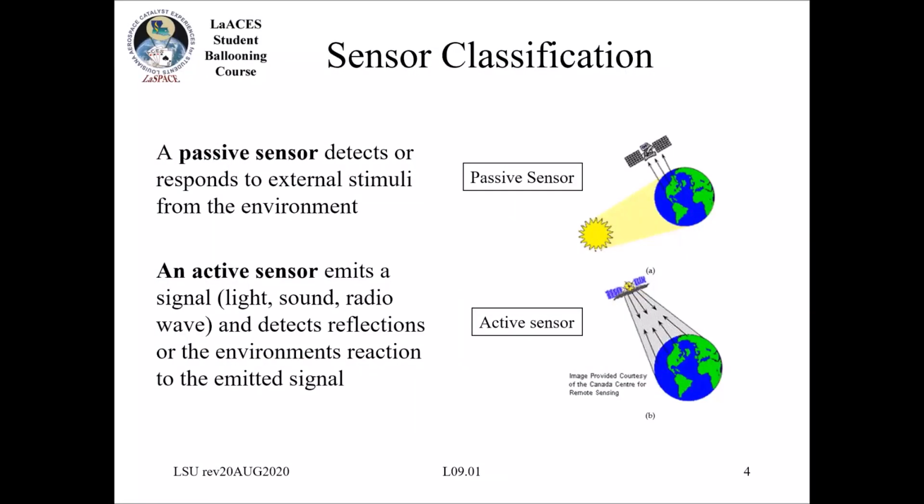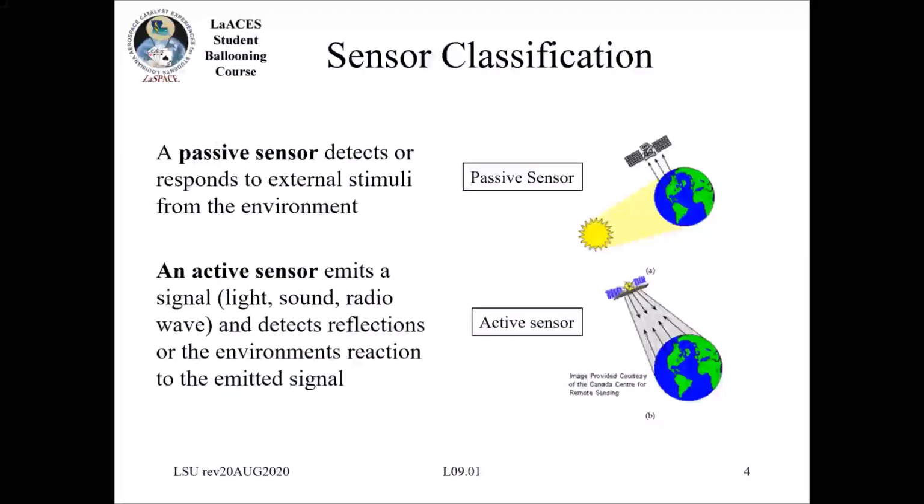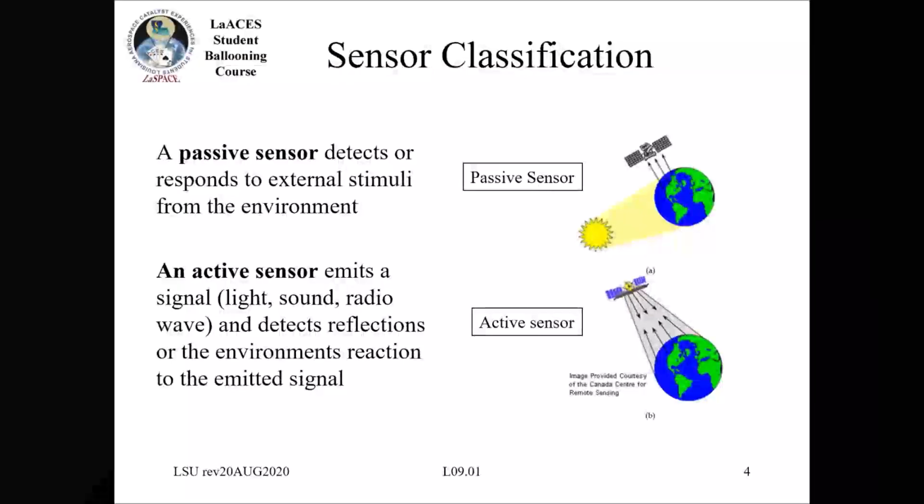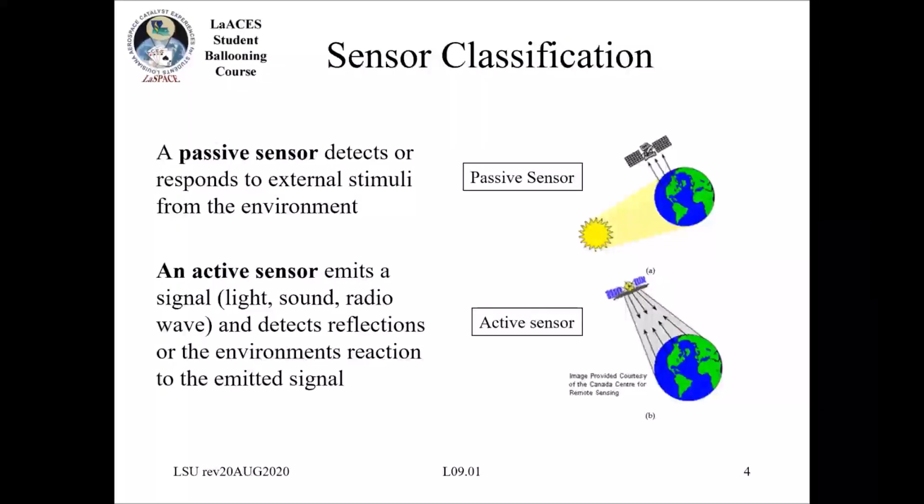These are your thermistors, these are your thermometers, so on and so forth. An active sensor usually emits some kind of signal. The most common example that I use is sonar, where it emits some kind of radio wave and listens for that echo to come back in order to learn some kind of information about it based off of how that signal changed as it went through a medium.